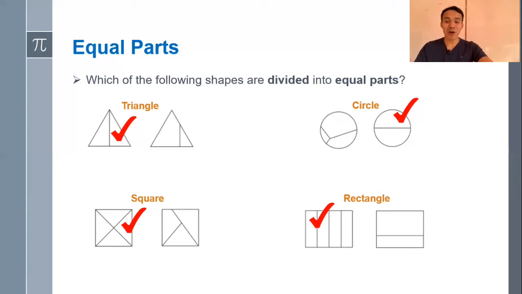You can do it on your own after watching this video, or you can pause this video for a while and try to figure out the other ways of dividing this rectangle into 4 equal parts. You can do the same thing to the square, to the triangle, and to the circle.